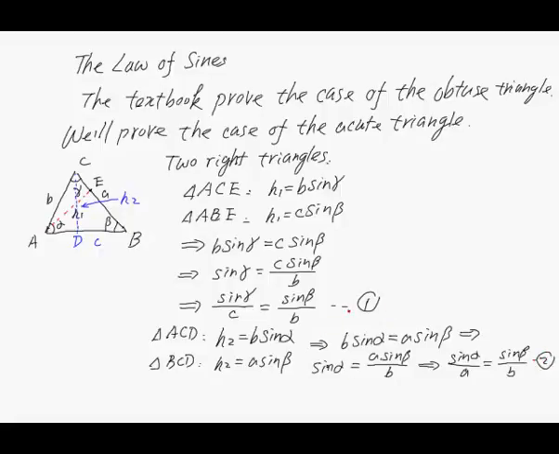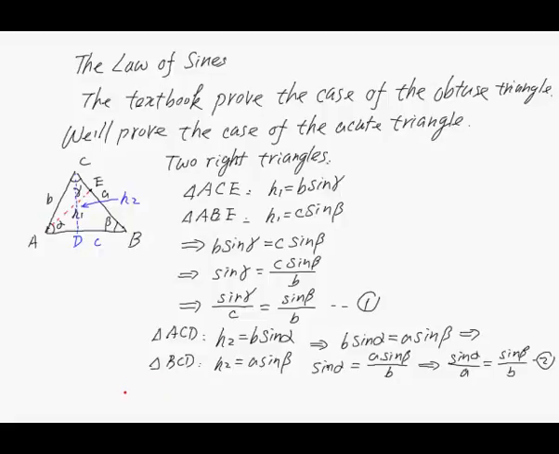So now you combine equation 1 and equation 2, and you see sine alpha over A equal to sine beta over B, and sine beta over B equal to sine gamma over C. So we put them together, we just got the law of sines.